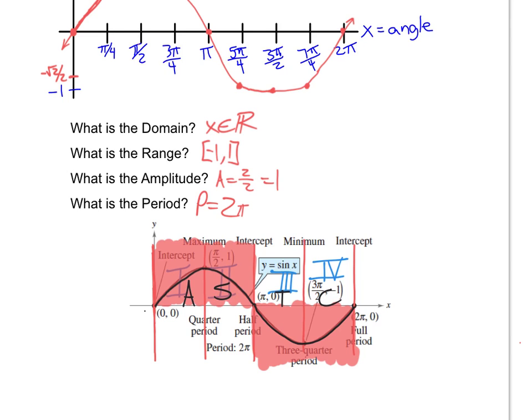Wait. Why is it not negative if cosine is negative in the second? Because if tangent is sine over cosine, then if cosine is negative, then tangent should be negative. It is, in the second quadrant. In the third quadrant, though, both sine and cosine are negative, so that makes tangent a positive, okay?